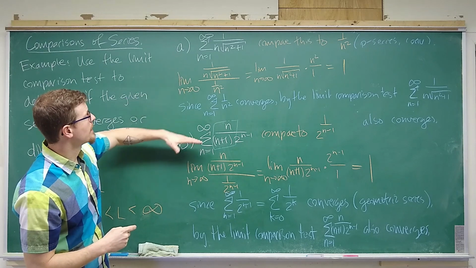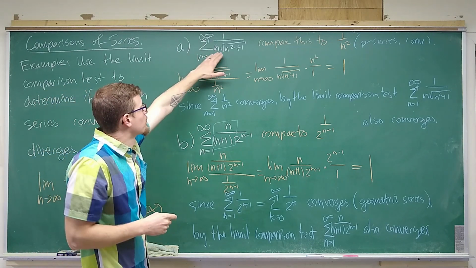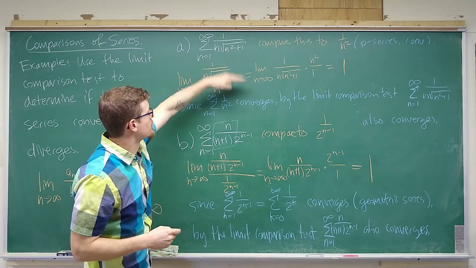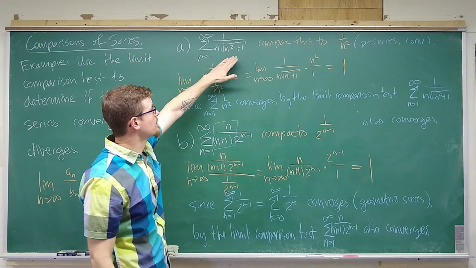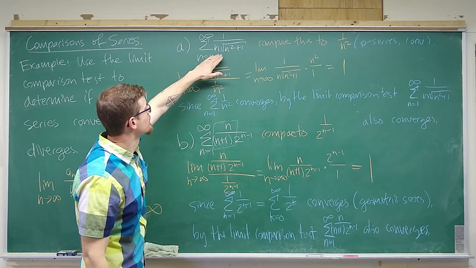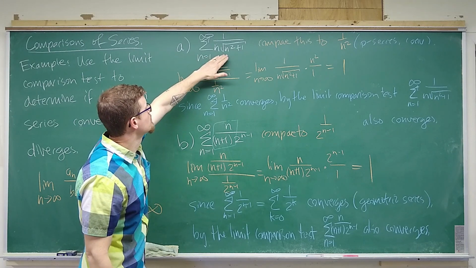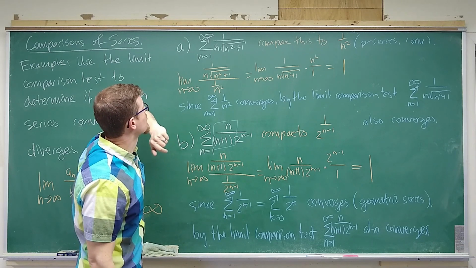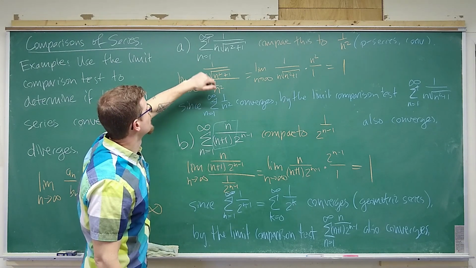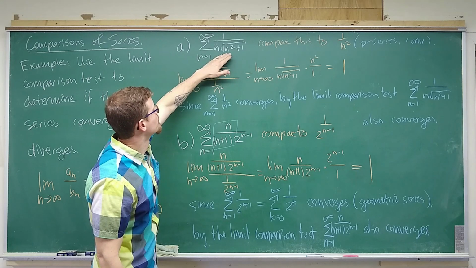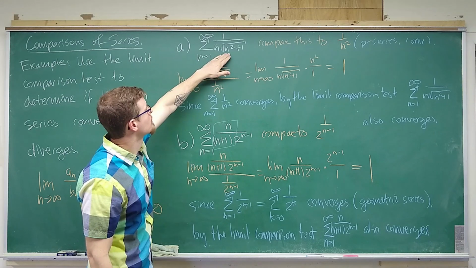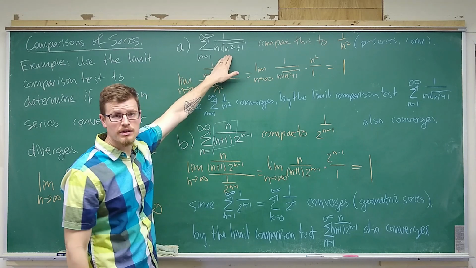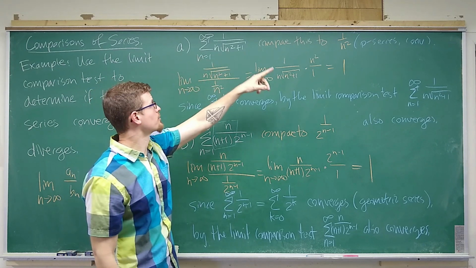So in both of these cases, since I know that this converges, I've already shown that, I could use the direct comparison test for this. So what I could do is try to decrease my denominator to end up with a larger fraction.